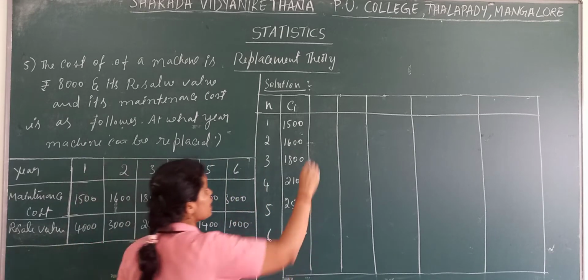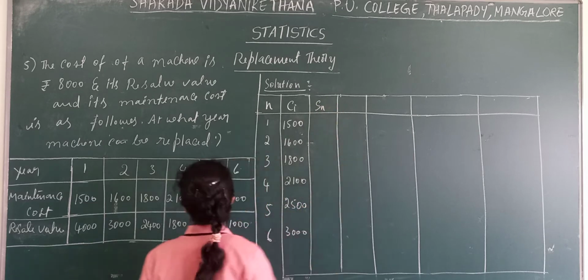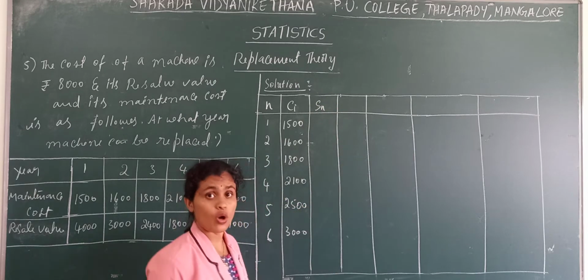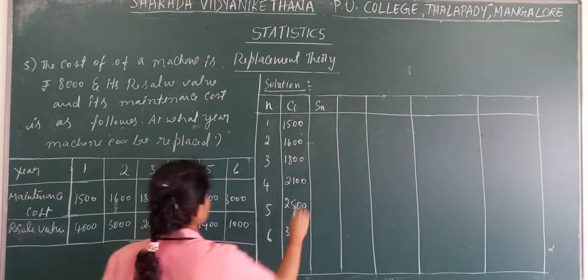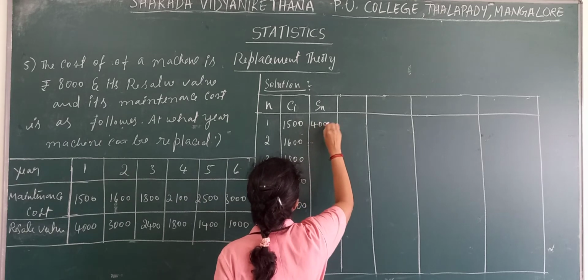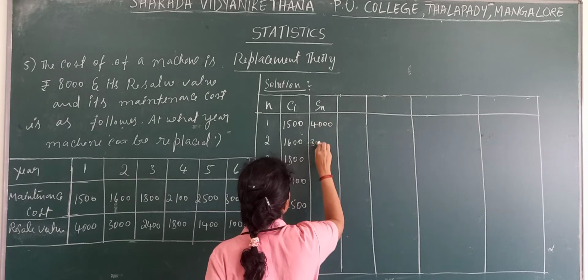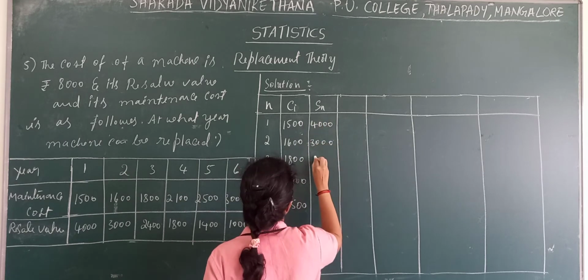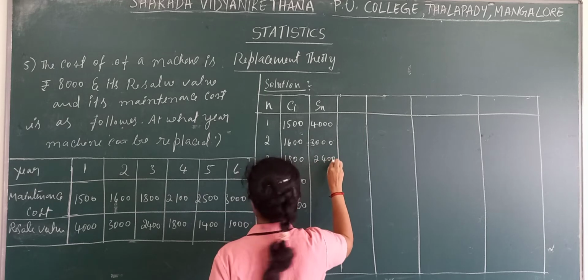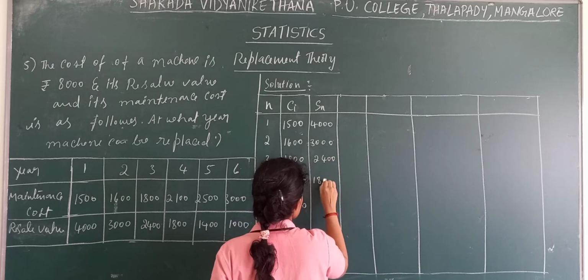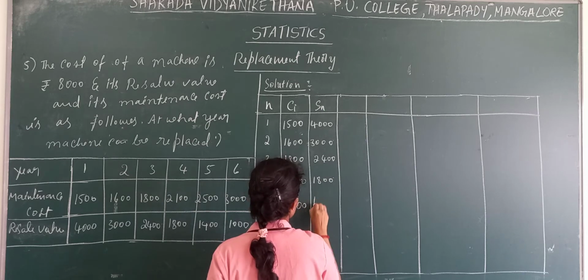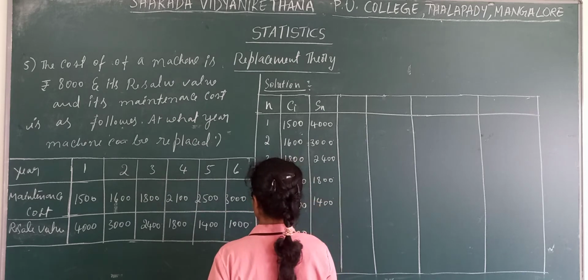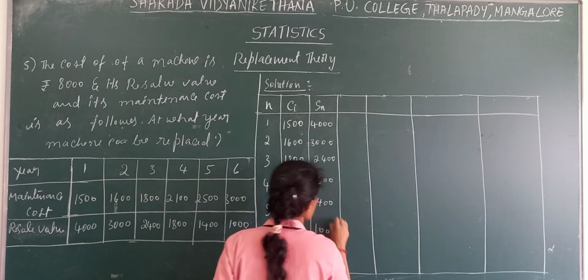Then comes the SN, that is resale value or scrap value, that is here 4,000, then 3,000, 2,400, then 1,800, 1,400, then last one 1,000.